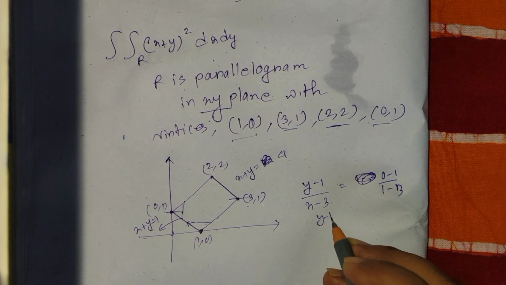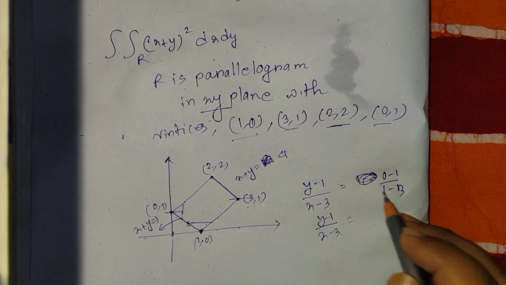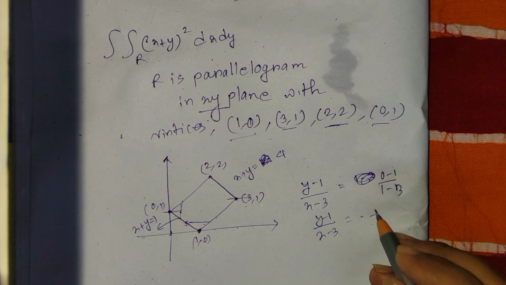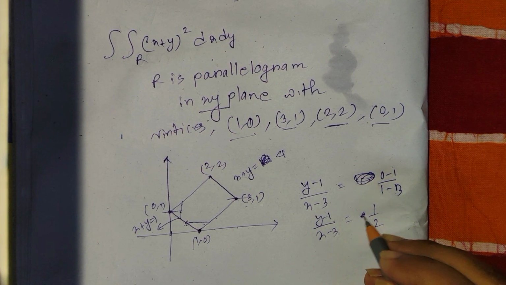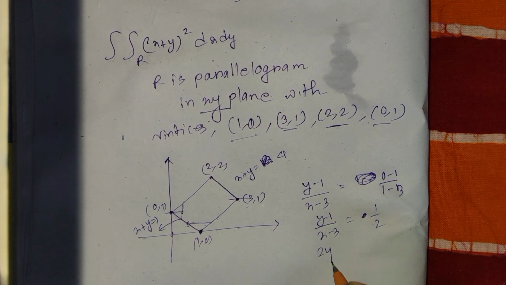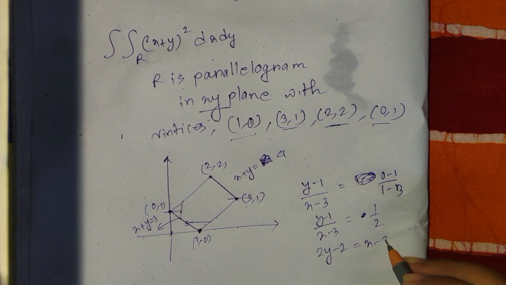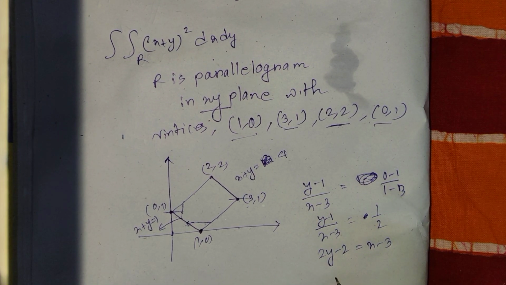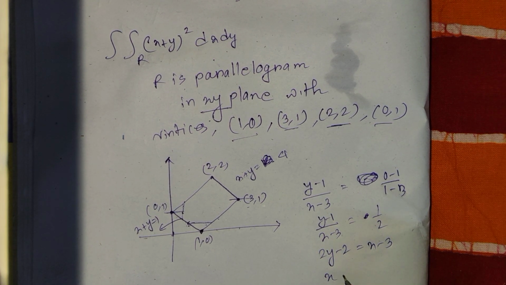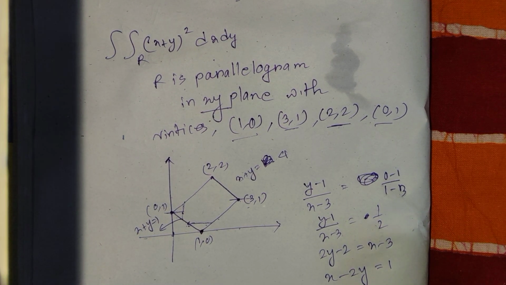This is y minus 1 by x minus 3 equals minus 1 by minus 2, which is plus half. 2y minus 2 is equal to x minus 3. This is x minus 2y equals 1. This is the straight line.